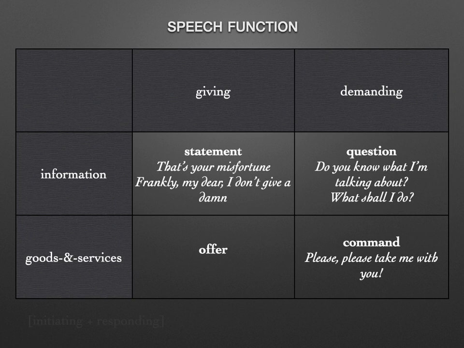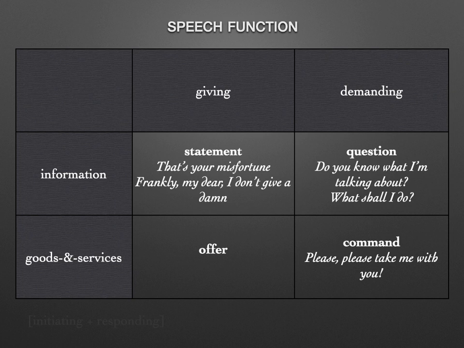Well, either it's a commodity made out of language, information, or knowledge if you prefer, or it's a non-linguistic commodity, goods and services. And when you combine these, you get the traditional speech functions that have been recognized for a long time. So giving information, that's a statement. Demanding information, that's a question. Giving goods and services, that's an offer. And demanding goods and services, that's a command.